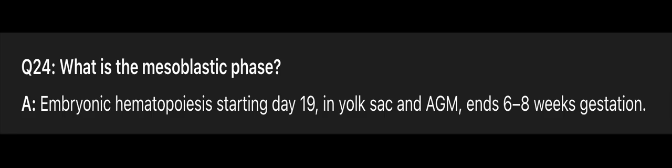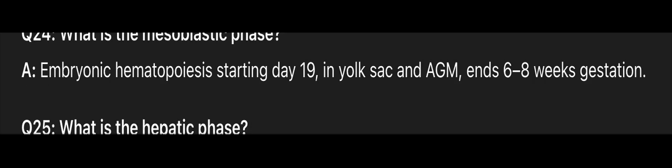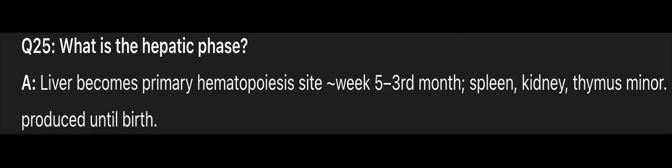The mesoblastic phase is embryonic hematopoiesis, starting day 19 after conception in the yolk sac and AGM, and it ends 6 to 8 weeks after gestation. What is the hepatic phase? So where does the hepatic phase take place? When does it take place?